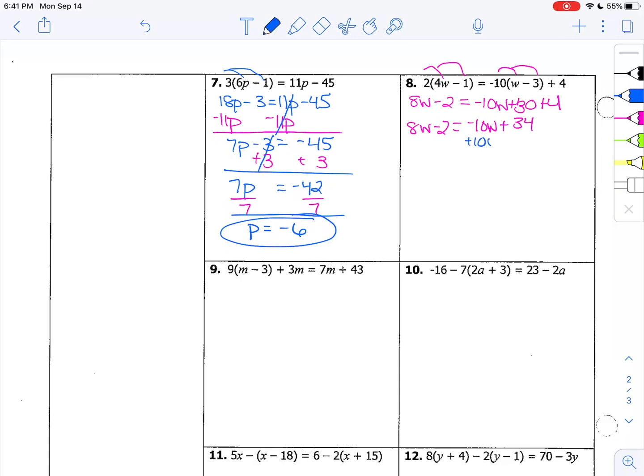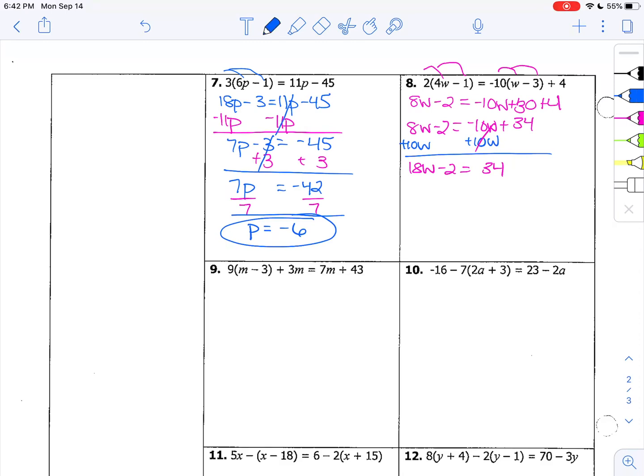So we're going to add 10w to both sides, because that is the opposite of negative 10w. Make sure when you add 10w to both sides that you are lining up like terms. You do not want to put the 10w underneath the negative 2. When we add 10w to both sides, we get 18w minus 2 equals 34.